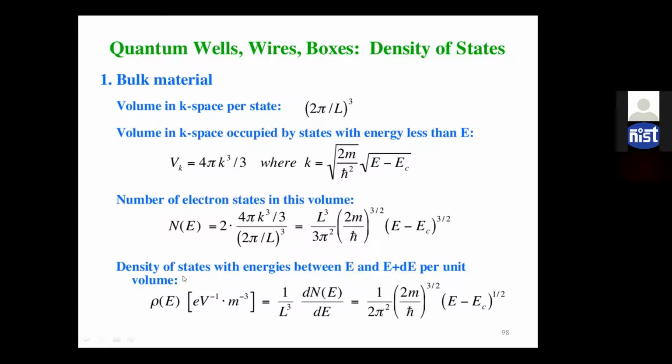Then the density of states with energy, if we consider the energy space between E and E plus dE, gives 1 by the volume, which is L cubed, times the derivative of N(E) with respect to E. If you find the derivative, then the density of states for three-dimensional will be 1 by 2 pi squared (2m by h cross squared) to the power 3/2 (E minus E_C) to the power half.